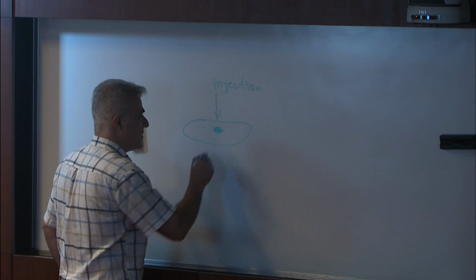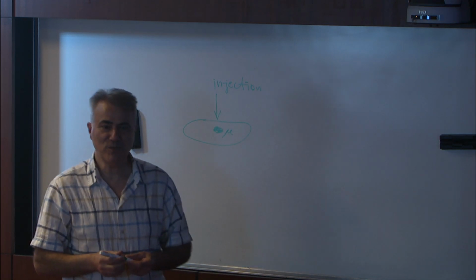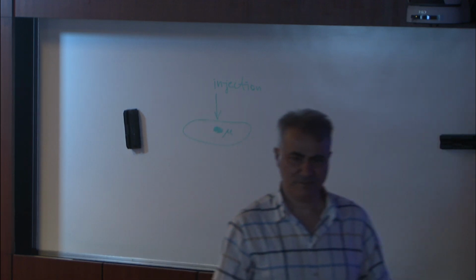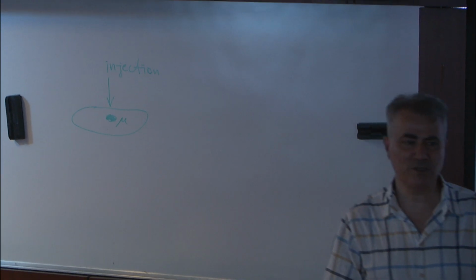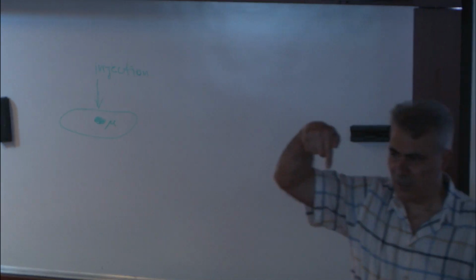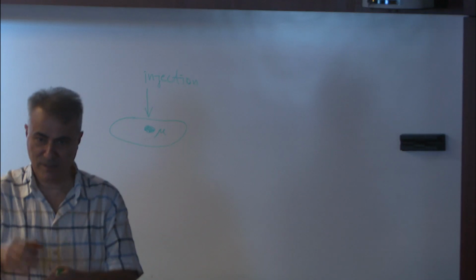I call this set mu. You can always think of mu to be a Dirac mass. I guess everybody's familiar with Dirac mass. So you're injecting liquid at one point source, and this expands.